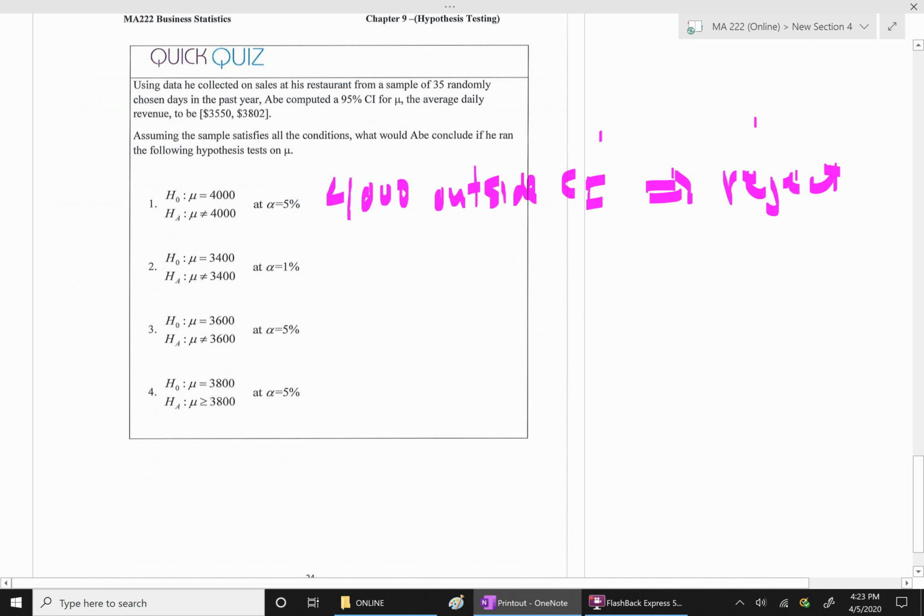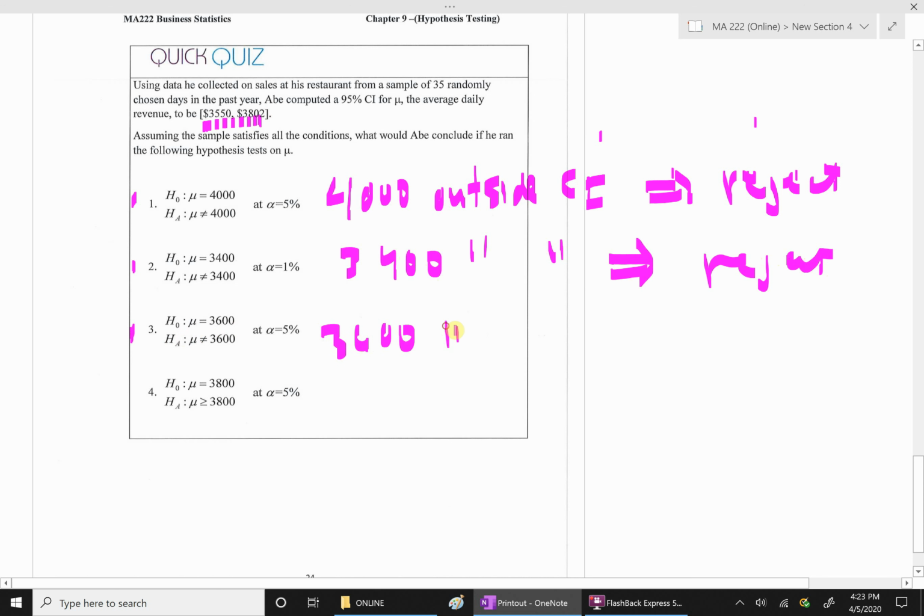If on the other hand he wanted to run a hypothesis test to see if mu is equal to 3,400, again notice it's outside the confidence interval, so again he would reject the null. If he wanted to run a hypothesis test to see if mu is equal to 3,600, well, 3,600 is in the confidence interval, so he would fail to reject the null.